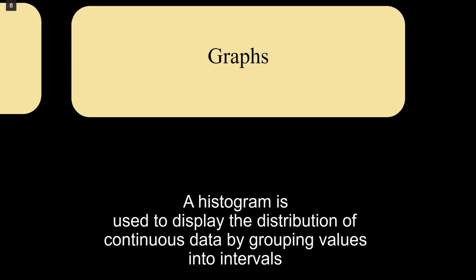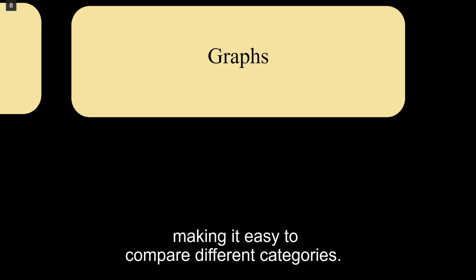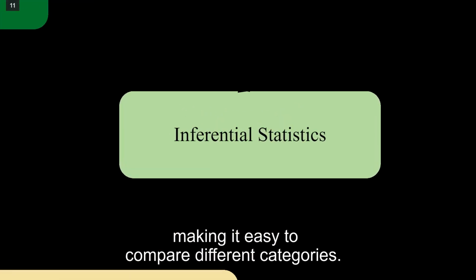A histogram is used to display the distribution of continuous data by grouping values into intervals, helping to show patterns such as frequency, shape, and spread. Making it easy to compare different categories.